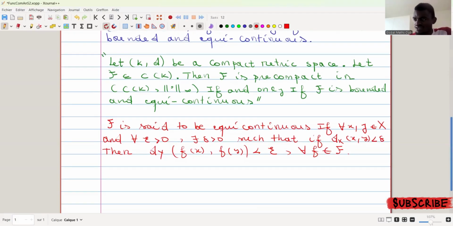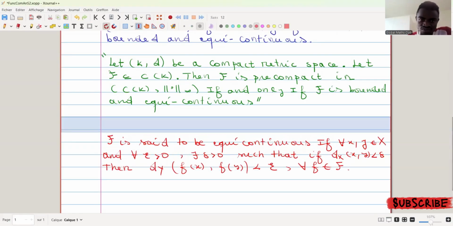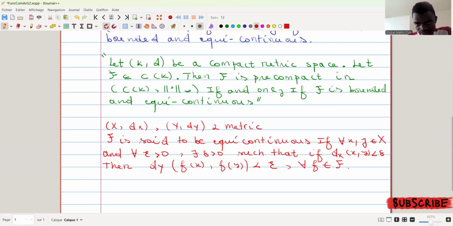So, and to make this definition, I'm going to put here x dx, y dy, two matrix spaces, and what else?